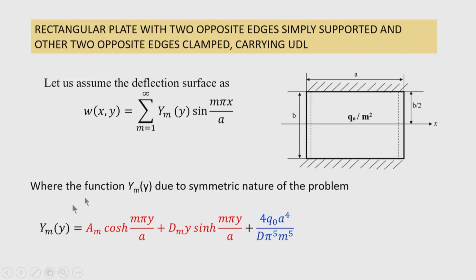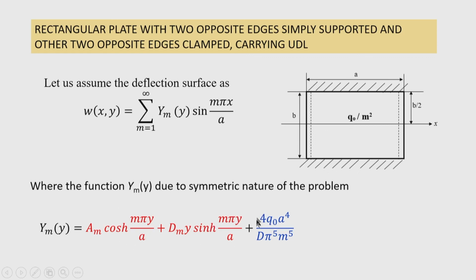So, now the solution can be written in this form for Y m of y, that is A m cosh m pi y by a plus D m y sinh m pi y by a. You can see the term that I have written in red is a symmetric term specifying the homogeneous solution.